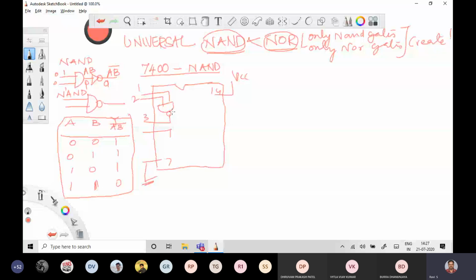So this configuration is common. You have to replace the symbol and IC number. Now this is the pin configuration of 7400. If you take a practical 7400 IC, internally you can identify 4 NAND gates.